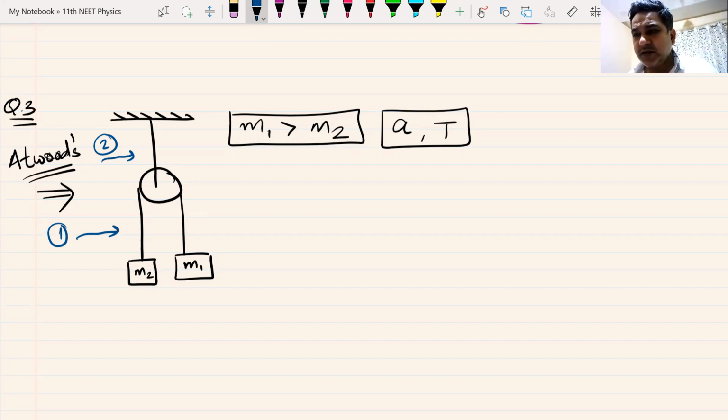So basically, what we are looking at here is to get the values of acceleration of the blocks and tension in the string. I'll give you 1 or 2 minutes to think about it.